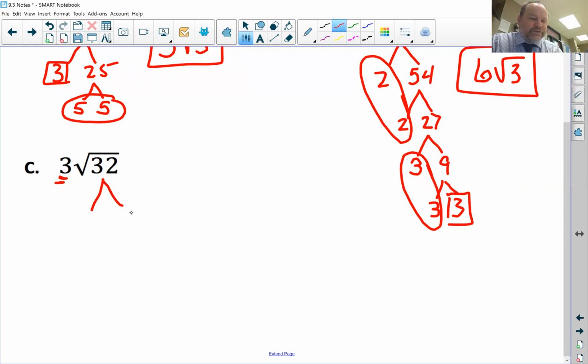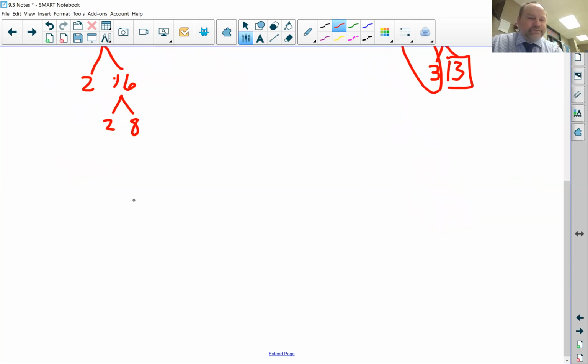32 is even, so 2 divides evenly into 32, gives me 16. 16 is even, 2 divides into 16 to give me 8. 8 is even, 2 divides into 8 to give me 4. 4 is even, 2 divides into 4 to give me 2.